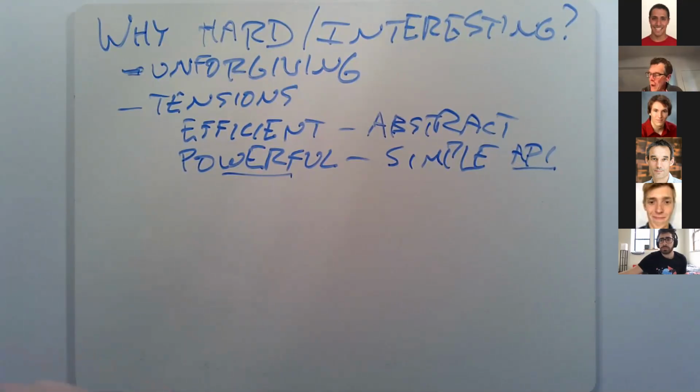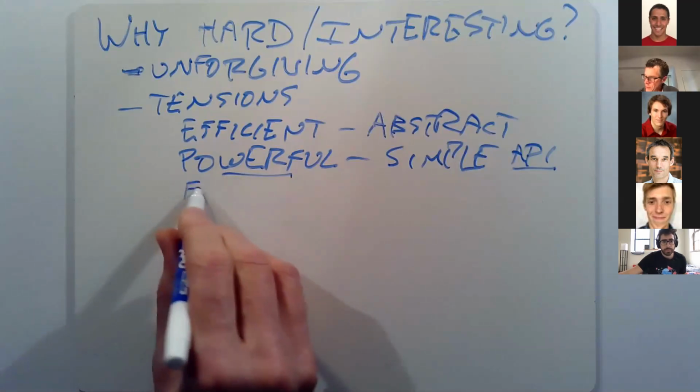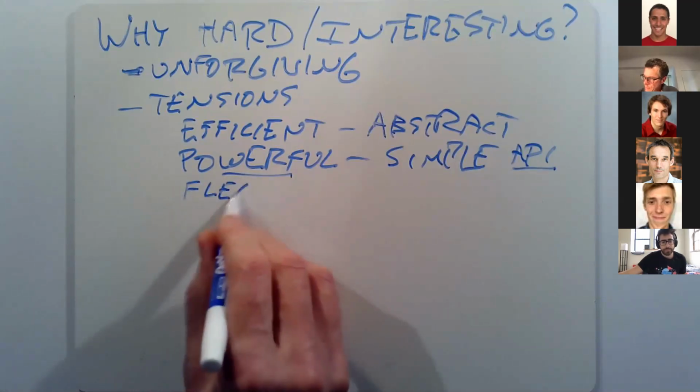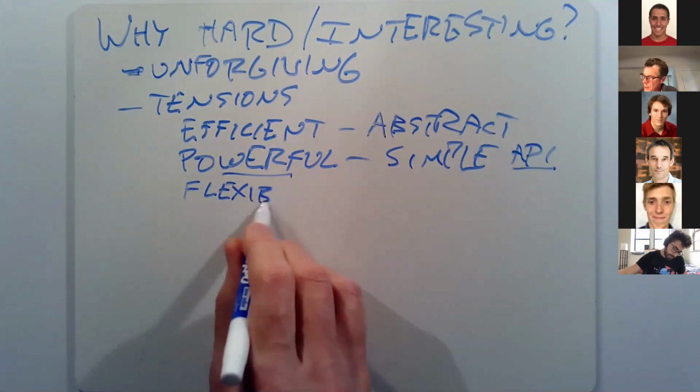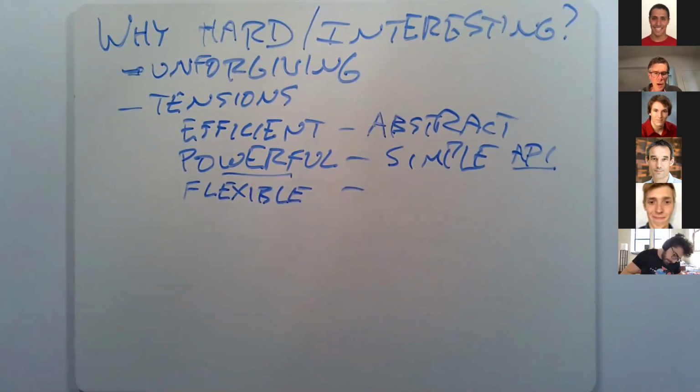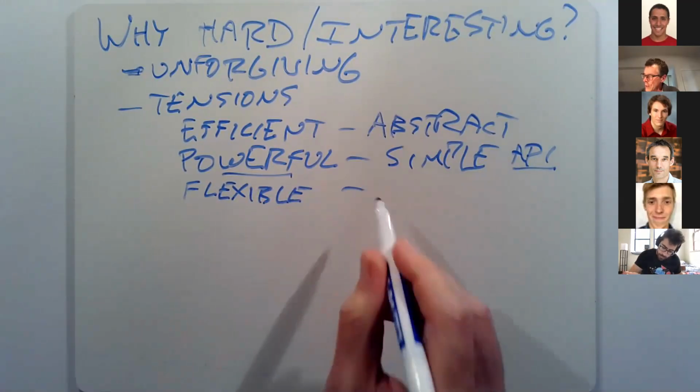Okay, so a final tension that all operating systems need to satisfy is you want to give programs as much flexibility as you can. You don't want to constrain them. So you want to have very flexible interfaces, but you do need to constrain programs somewhat because you absolutely have to have some notion of security.